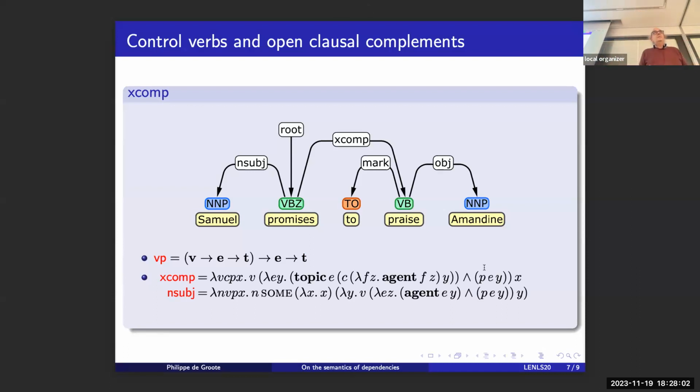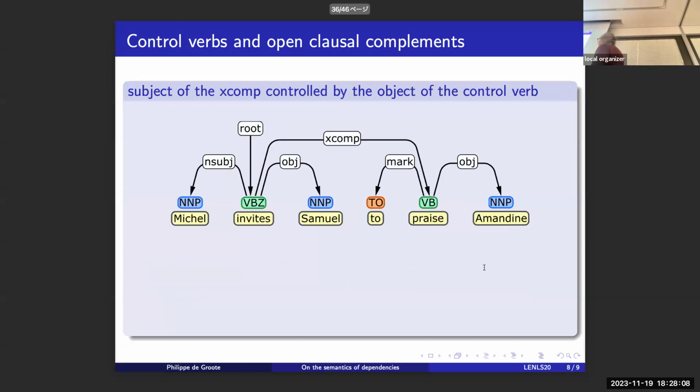But this is not the end of the story, of course, because sometimes it might be the case that it is the object of the embedding clause that controls the subject of the complement.